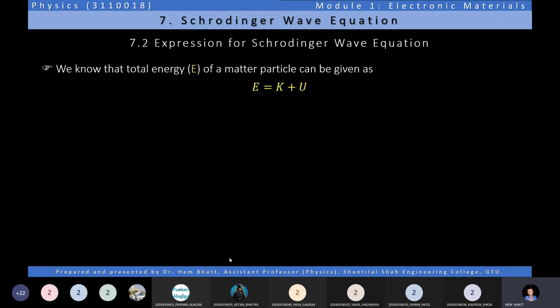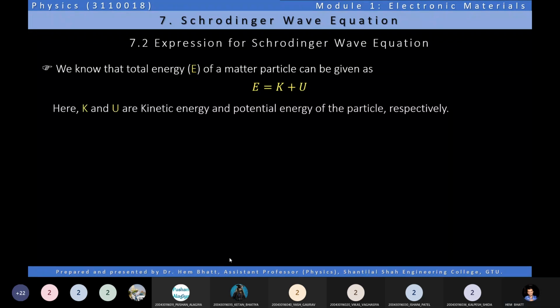E is total energy, K kinetic energy, U potential energy. Now, does anyone remember what we did? We substitute something for K, half mv square. Then to bring in momentum, what do we do? Multiply and divide by m, then p square by 2m.